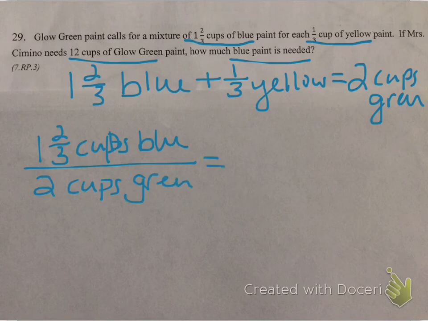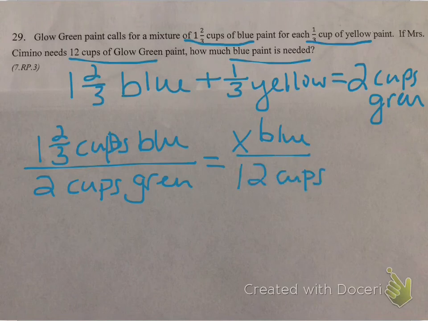We want to know how much blue for 12 cups of green. Okay, so you could use your multiplication method here if you want, or cross product, it doesn't matter. But it's easy enough to see that 2 times 6 is 12. So 1 2/3 times 6.